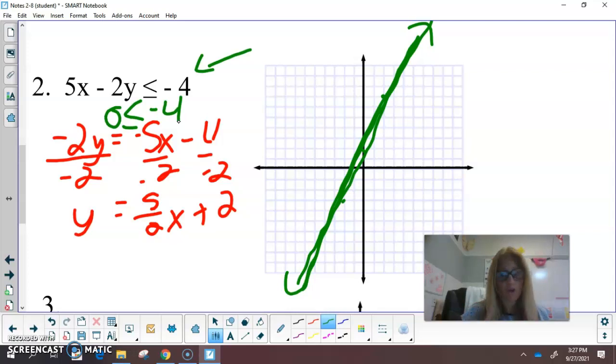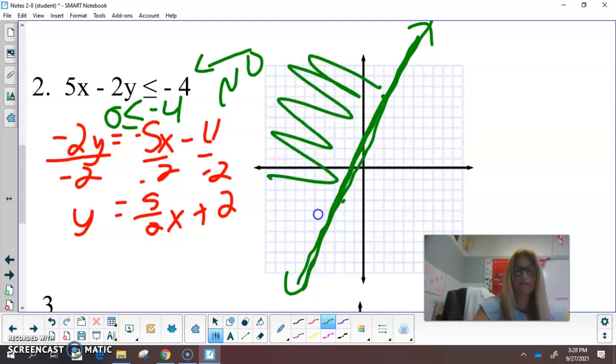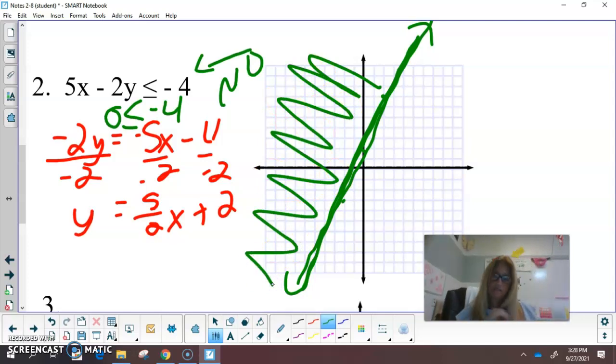No, it is not. That answer would be a big no. So 0, 0 is not a solution, which means we're going to shade this side, because 0 is not less than negative 4.